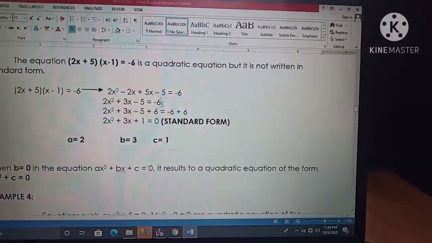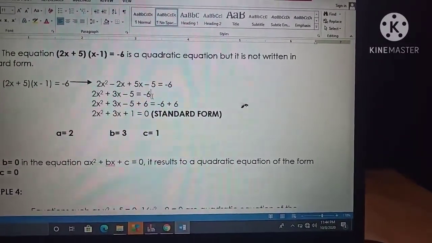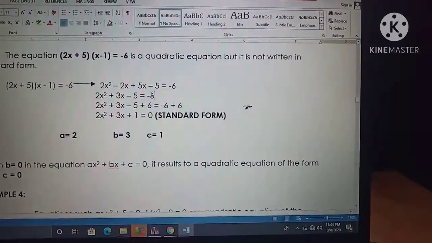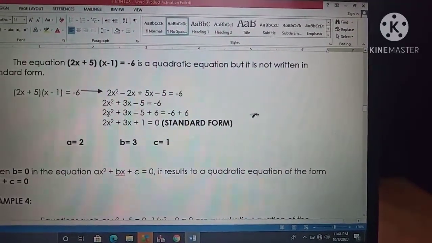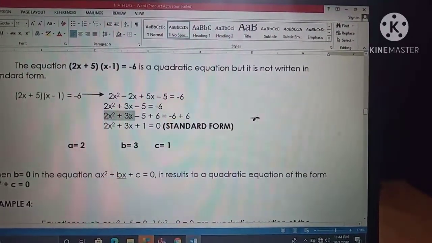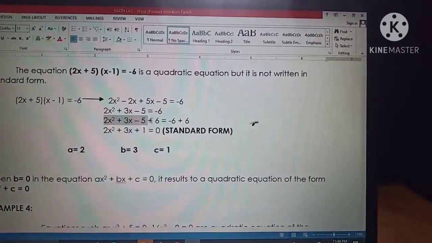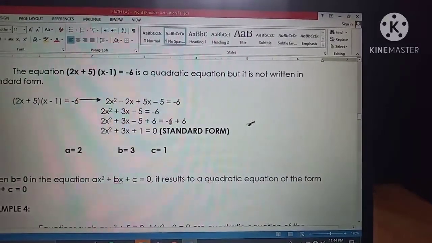So, meron pa tayong problema kasi kailangan naka-equals to 0 siya. So, paano natin to may equals to 0? So, gagawin natin yung ginawa natin sa una. So, copy natin si 2x squared plus 3x minus 5. Maglagay tayo sa left side natin ng positive 6. Copy natin si negative 6.